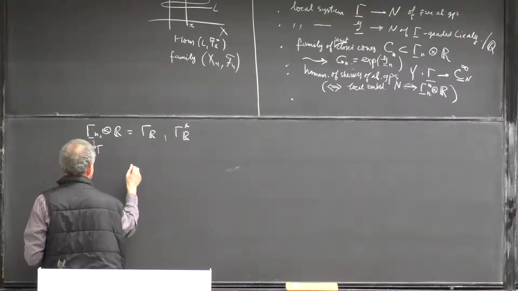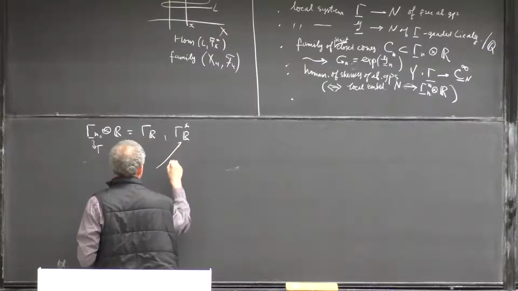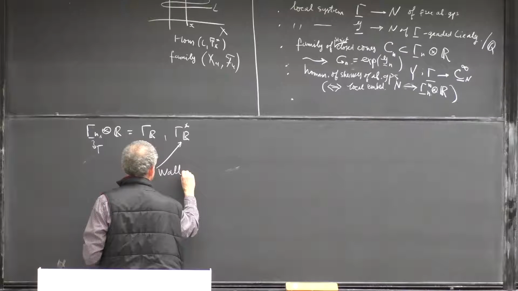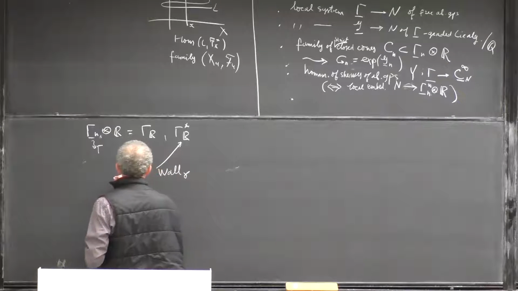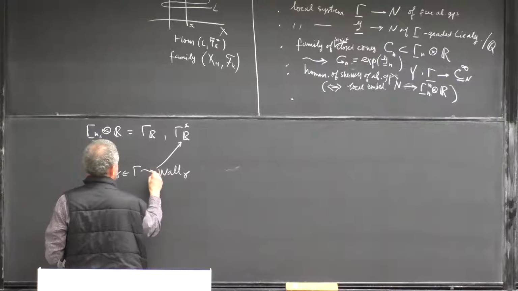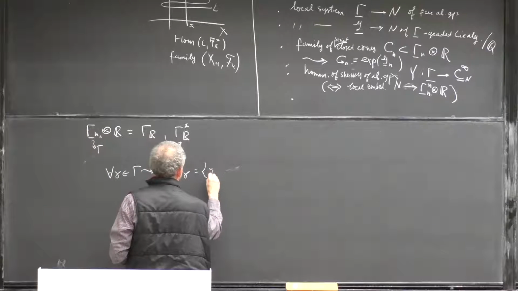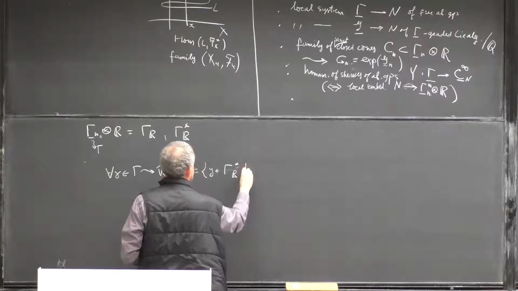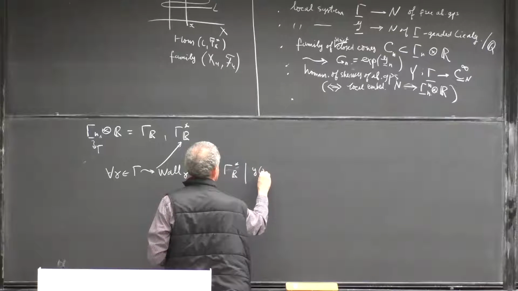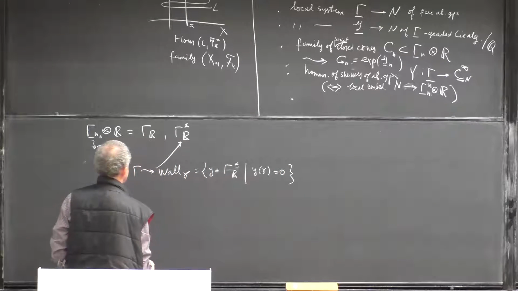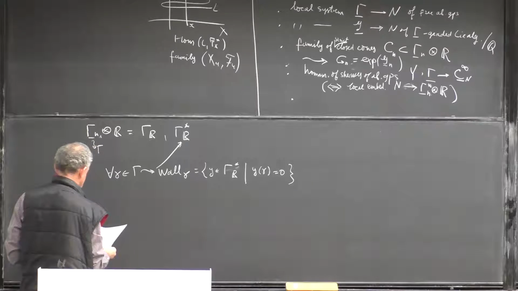Here we have a collection of walls. For each gamma, we have a collection of walls, a set of functionals which vanish on gamma, so countably many walls.